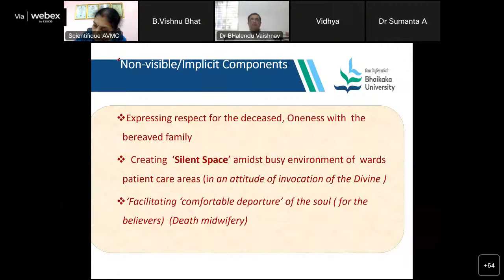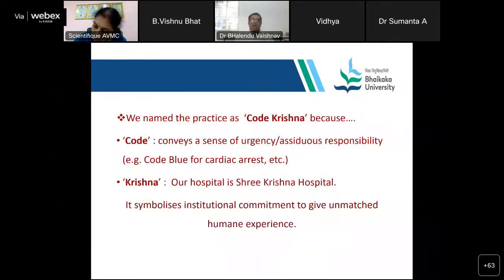We named the practice Code Krishna because when we say code, it conveys a sense of urgency or an assiduous responsibility. See, we have code blue, code red, code black, code gray, etc. So we said it is a code.